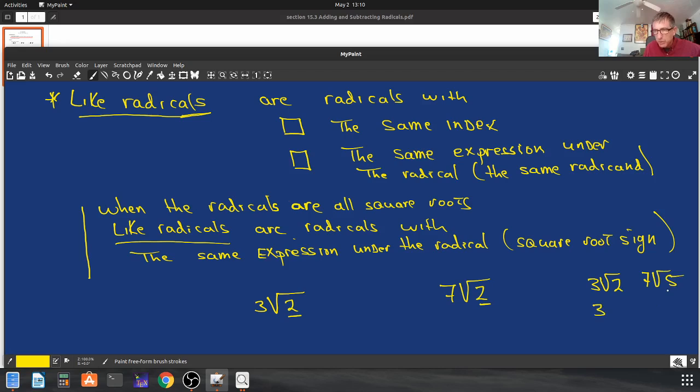Why? Because 2 and 5 are not the same numbers. 3 times the square root of 2 and 3 times the square root of 7 are not, because 2 and 7 are not the same radical.